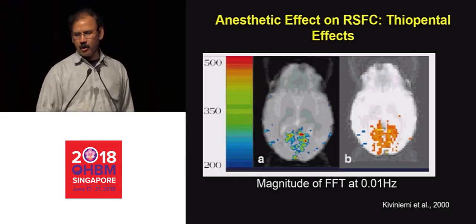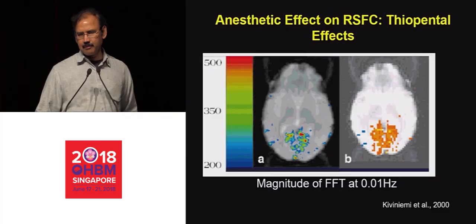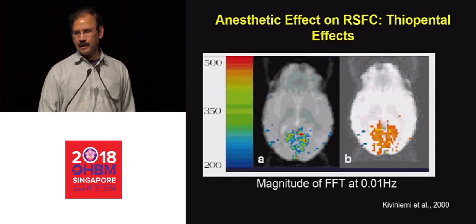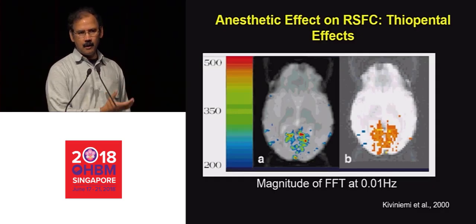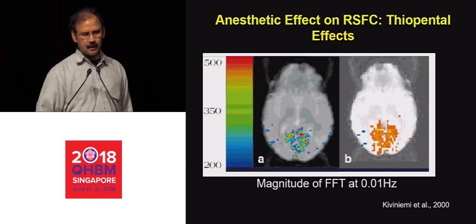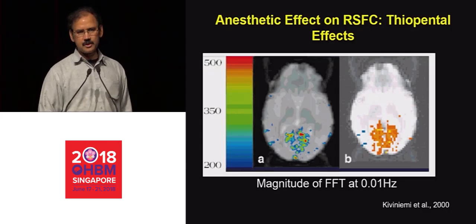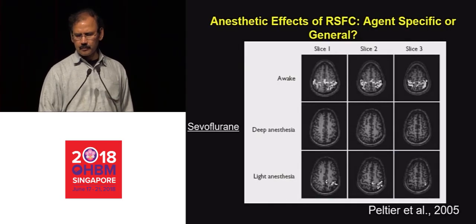Dr. Mehta will be talking in more detail about some of the pharmacokinetic studies, but this is another example, a study done by Vesa Kivanimi, where he gave subjects thiopental, and in this case one saw an increase in fluctuations in the visual cortex.